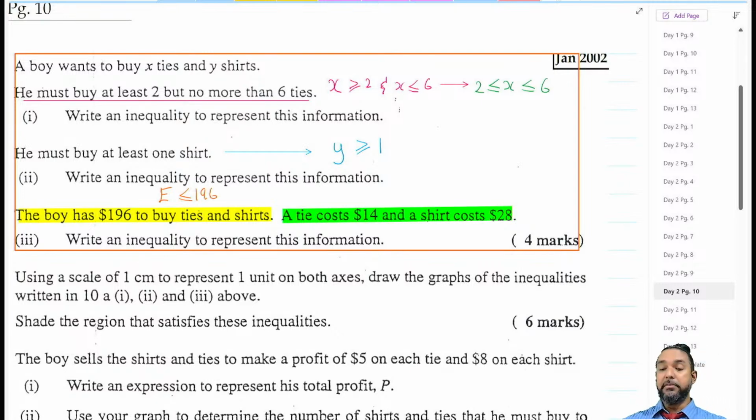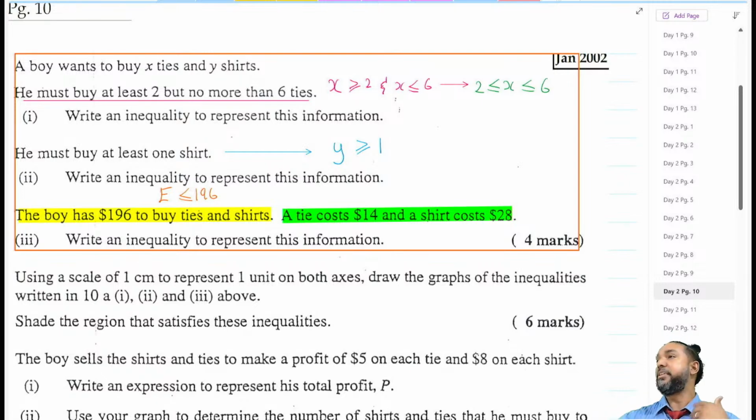Now the part in the green says a tie costs $14 and a shirt costs $28. Okay. Cool. So the amount of money spent on ties and shirts together is the total expenditure. And that cannot exceed $196 because that's all the money he has available to spend.